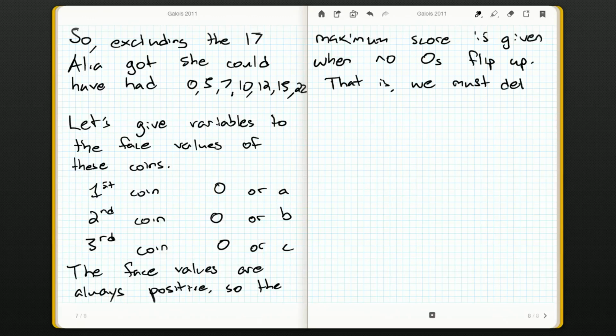So we must determine A plus B plus C. Now, if we figure out A, B, and C individually on the way to this, that's fine. But I suspect there might not be enough information to exactly figure them out. Well, let's find out. So we're told that we have possible flips.